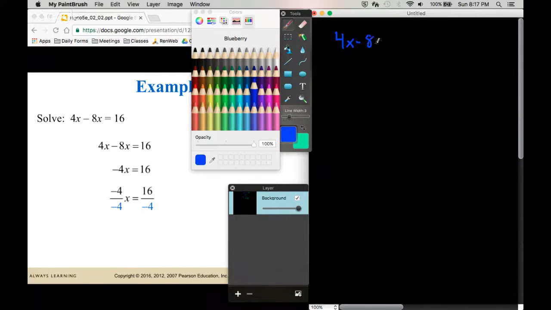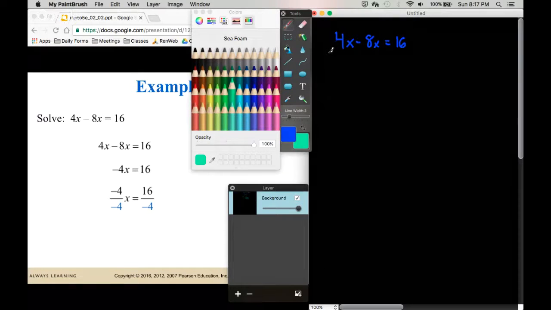All right, so you have, in this example, 4x minus 8x equals 16. All right, now to solve this, you need to look for any like terms. Okay, like terms right here. All right, and you combine those like terms, and you have 4 minus 8 is going to be negative 4x equals 16.